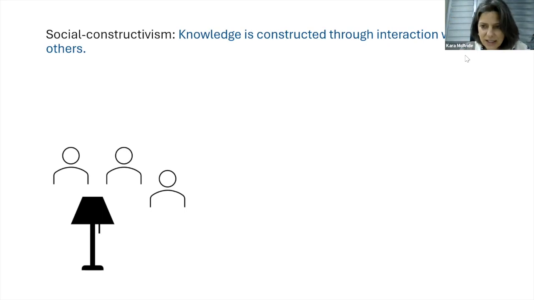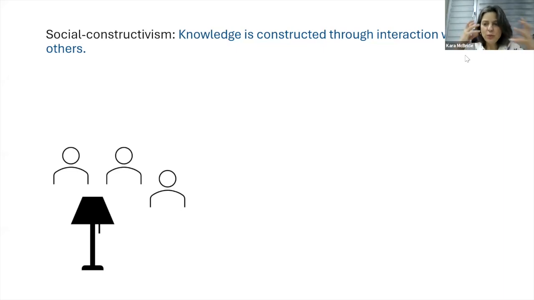Basically, social constructivism says that knowledge is constructed through interaction with others. What's really exciting to me is that this was my favorite framework when I was a graduate student, and there was no brain research to back it up. Now there's very strong research to back it up, that indeed learning is a social activity.